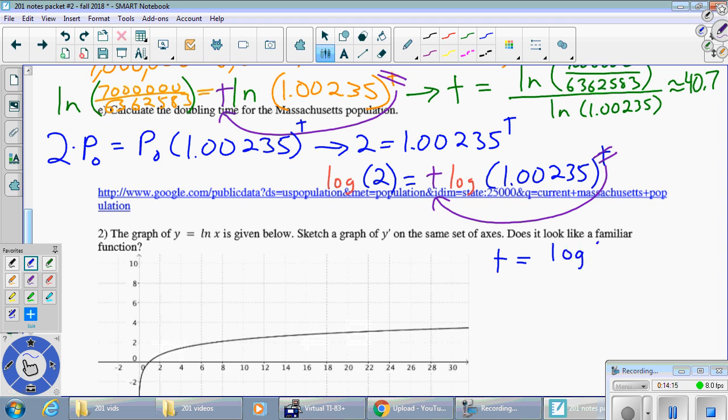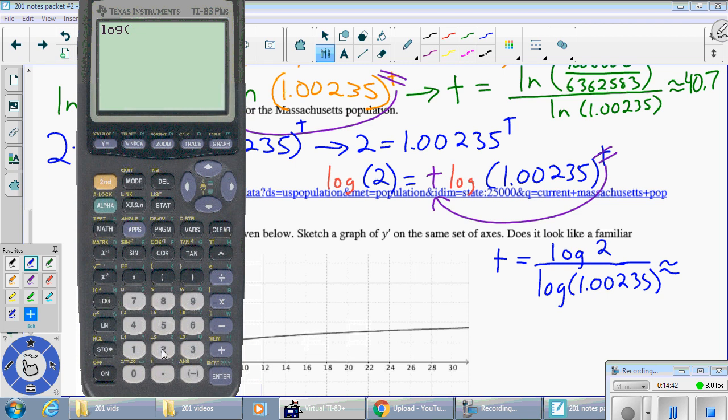So we get the log of 2 divided by log of 1.00235. And then we will type this onto the calculator. It's making a big old mess over here. So this time we did common log.